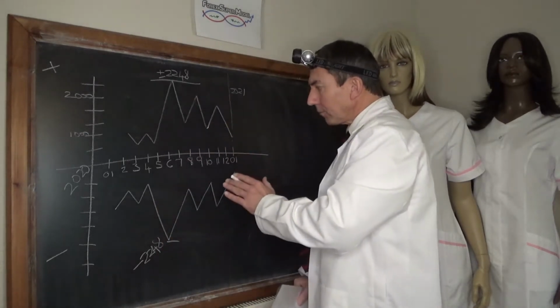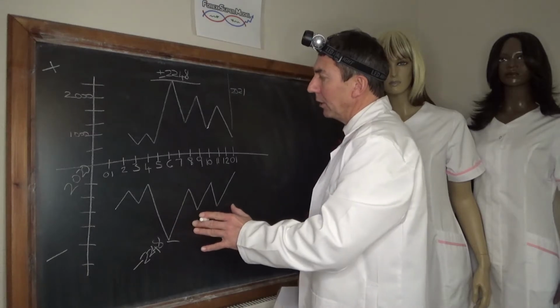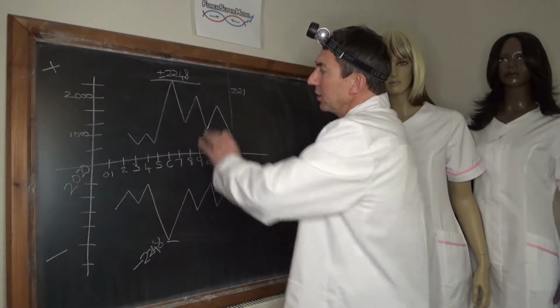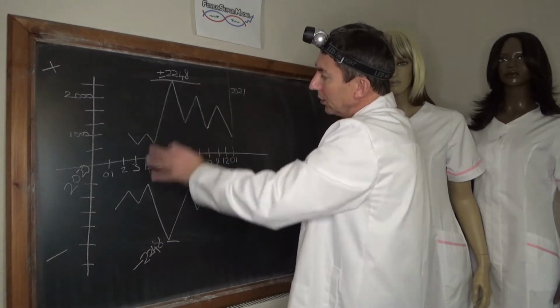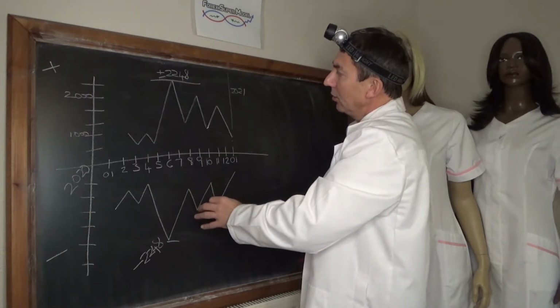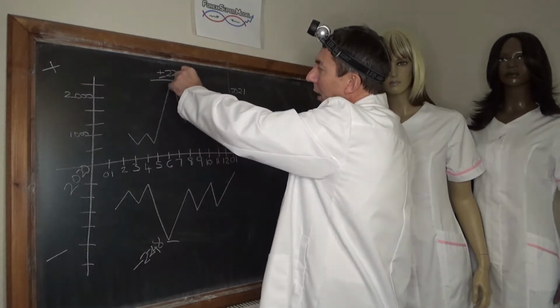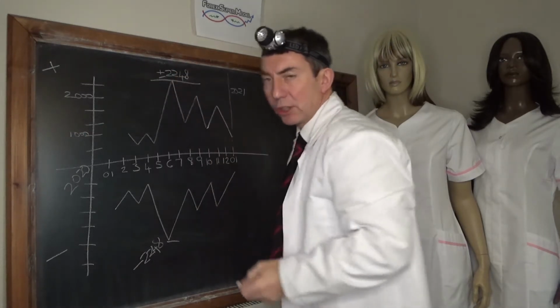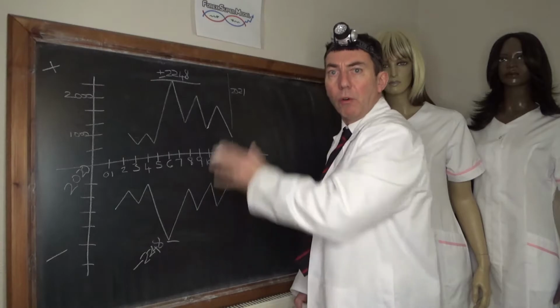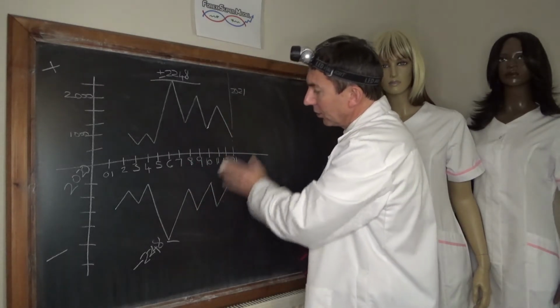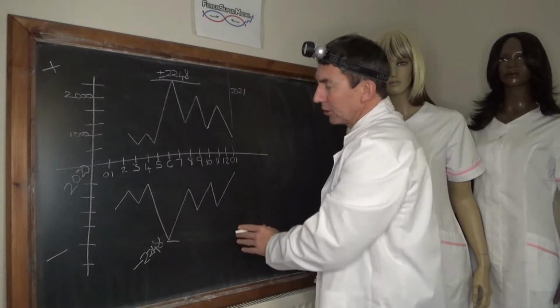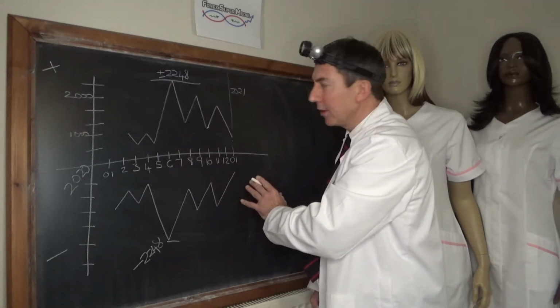So this is a measure of volatility, if you like. This is an alternative measure of volatility. You can see that in July we had a maximum, a spike in market activity or volatility, and then we've had varying degrees of minor spikes and highs and lows since then.